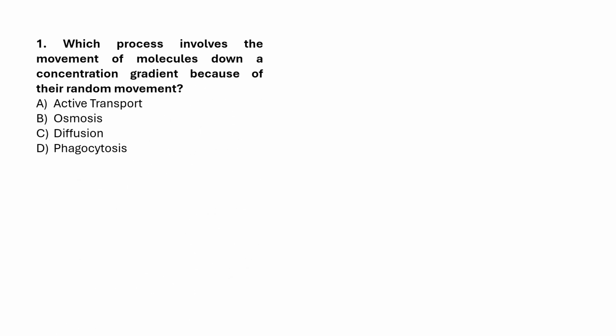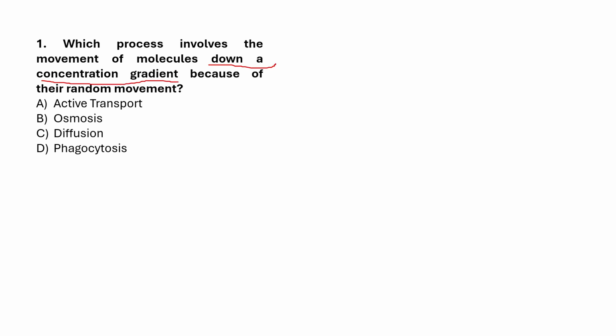The first question is, which process involves the movement of molecules down a concentration gradient because of their random movement? Before answering the question, understand the concept of down a concentration gradient.